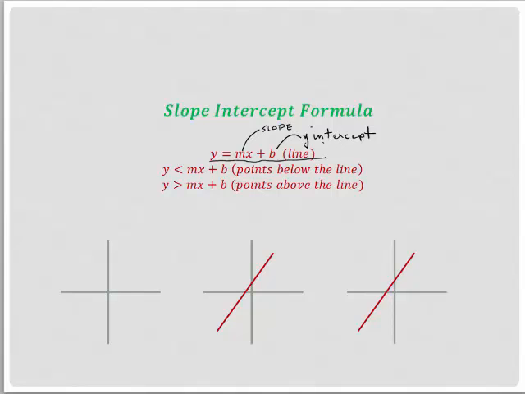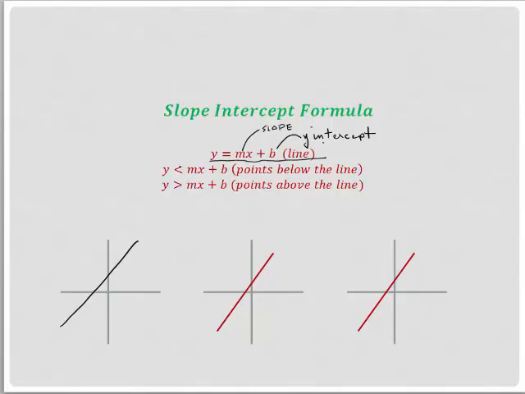So now when we deal with inequalities, they're a little bit different. They're less than and greater than, or less than or equal to, or greater than or equal to. When y is less than the slope-intercept, it's the points below the line. So here we have a line for y equals mx plus b.